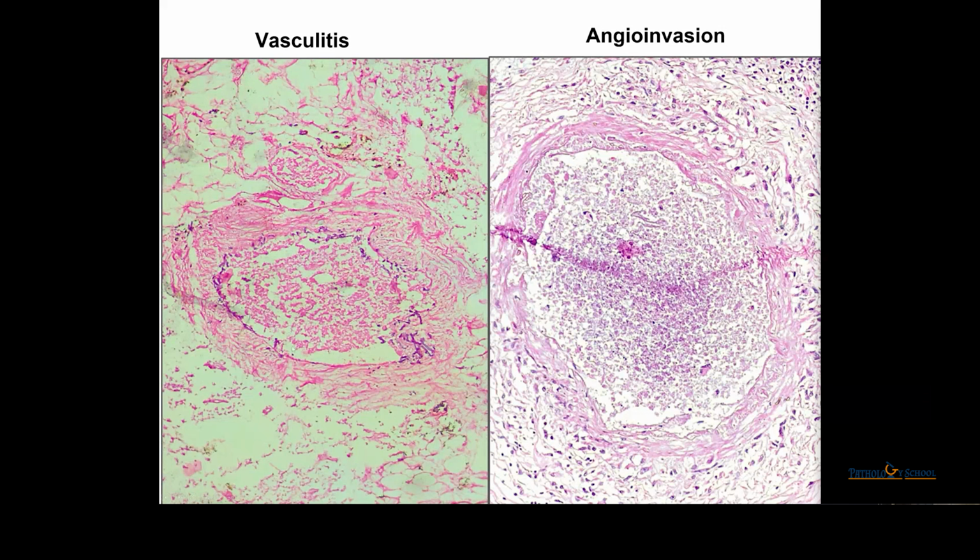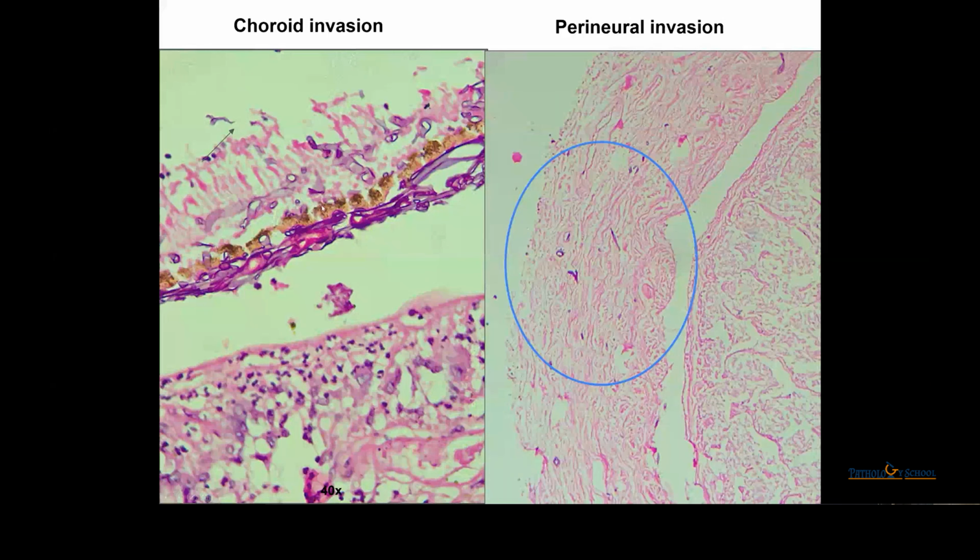We have never seen such invasive fungus before. Here the mucor is showing vasculitis, and in the next picture it is showing angioinvasion. This is a microphotograph taken from the orbital exenteration specimen where the mucor is causing choroidal invasion, and the next photograph, taken from the optic nerve stump, shows the mucor causing perineural invasion.